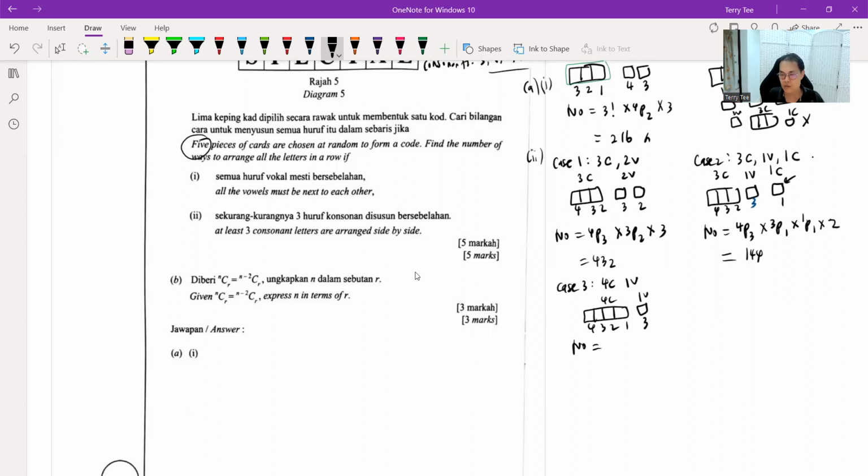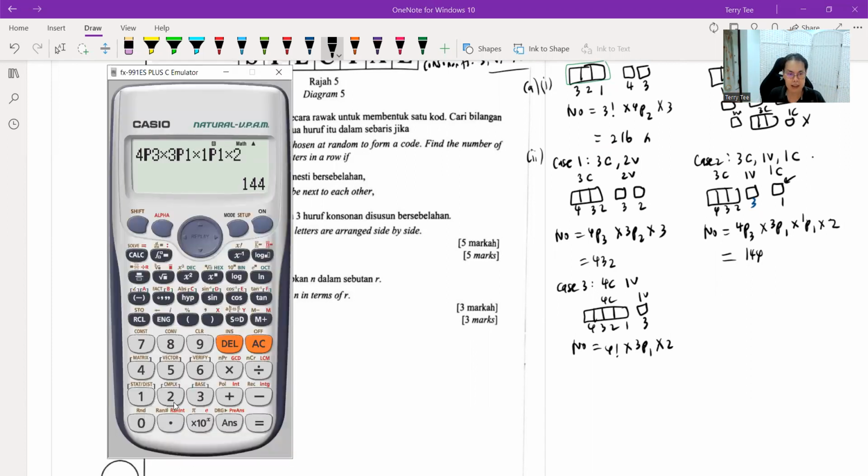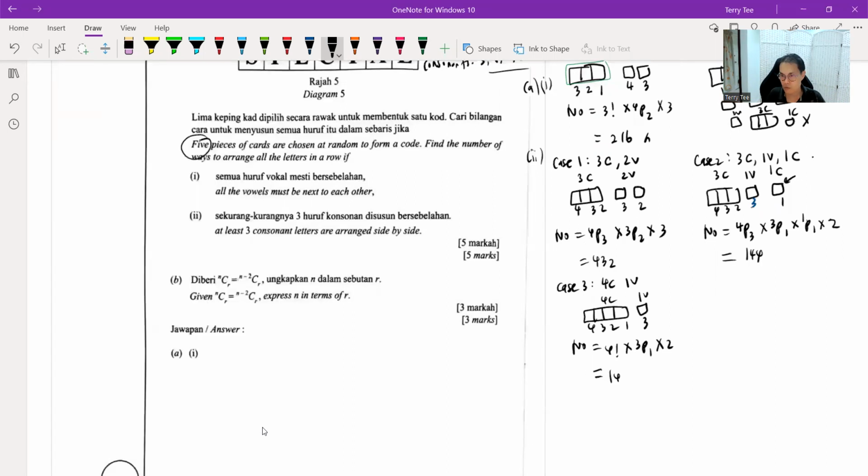We can write this as 4 factorial times 3P1. But remember, you have to times 2. Why? We can put the block of consonants in front or at the back. So in this case, it is 4 factorial times 3P1, which is 3, times 2. You still get 144. Okay, I know it's very long. You have to find your total.